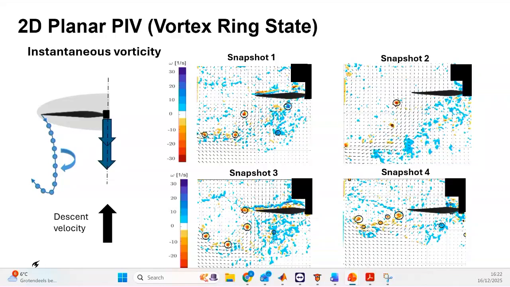This behavior occurs because the vortex ring is a three-dimensional structure that moves continuously and is deforming. So that's the reason that in instantaneous measurements we cannot see exactly the same vortices that maybe we saw in the previous slide.